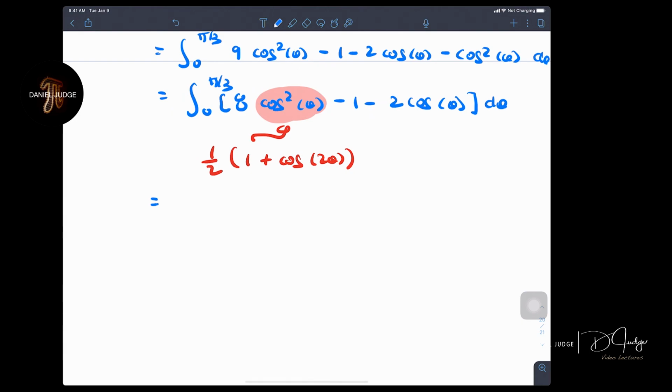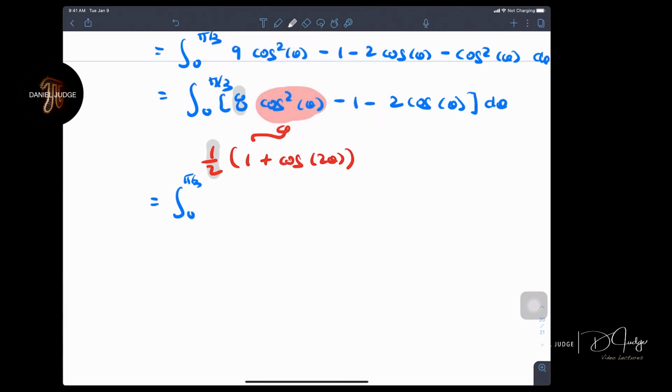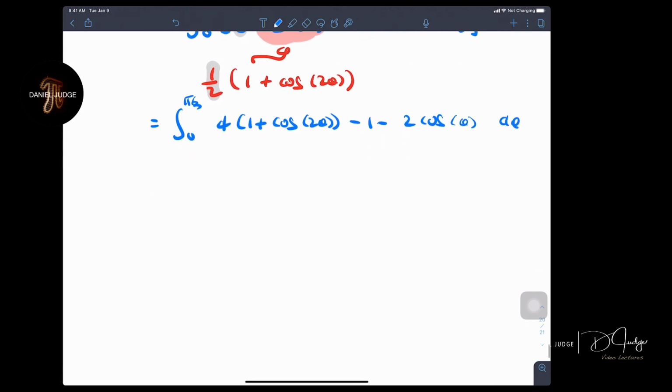So we got to be careful again. 0 to pi over 3. Let me get that 8 there. That constant 8 times that 1/2, ladies and gentlemen, right here. This 8 times 1/2 is going to be 4, okay? 4 times 1 plus cosine double theta minus 1 minus 2 cosine of theta, and then there'll be a d theta there. So distribute the 4.